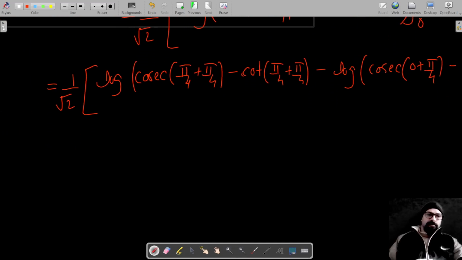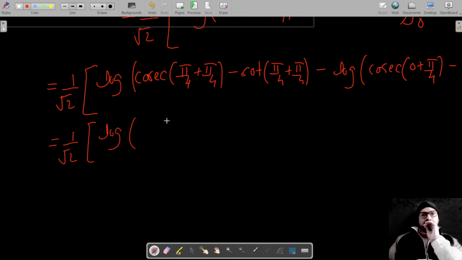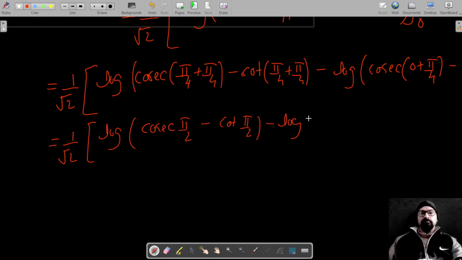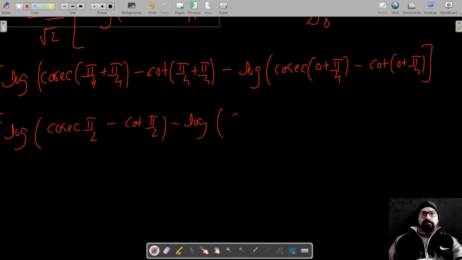Okay. So this is 1 by root 2, and the log of cosecant pi by 4 plus pi by 4 is 2 pi by 4, which is pi by 2. So cosecant pi by 2 minus cot pi by 2, minus log of, this is cosecant pi by 4.